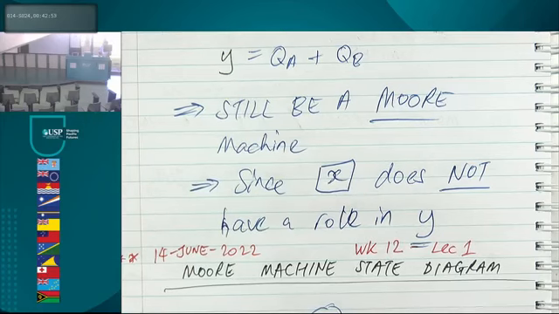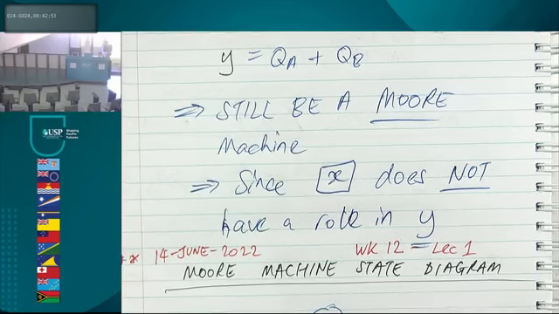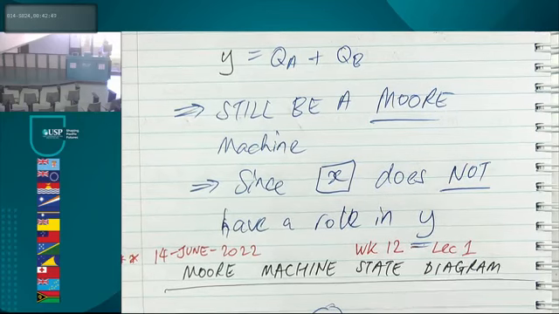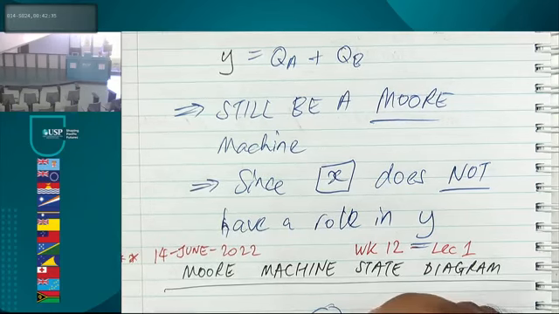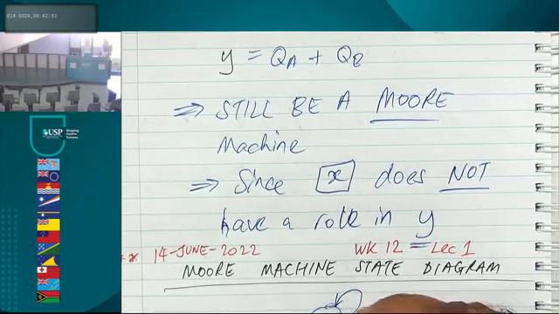And let us say, I'm just doing a random state diagram, all right? And let's say there is a loop going in that way, a loop going in this way, a loop going in this way, and a loop going in this way.